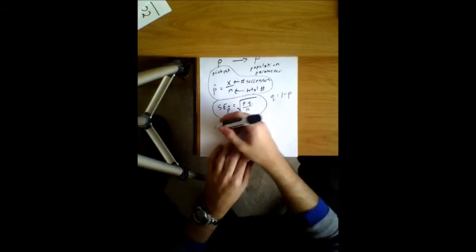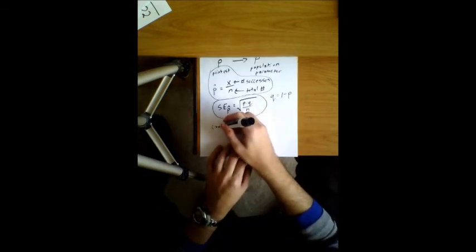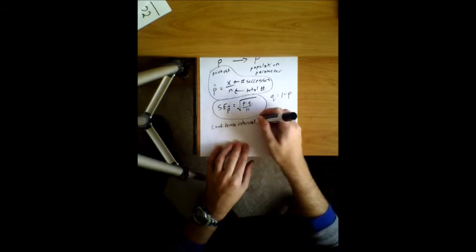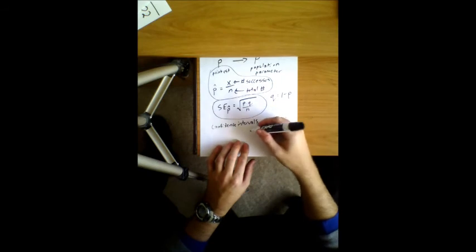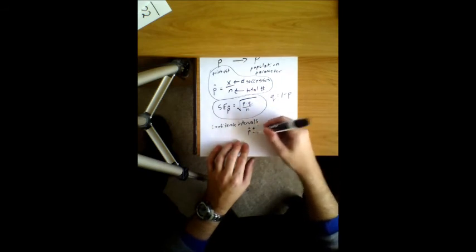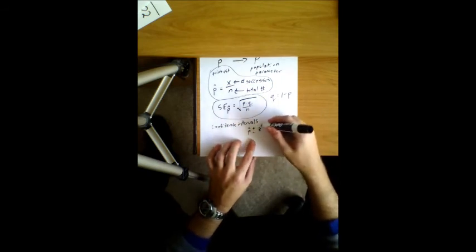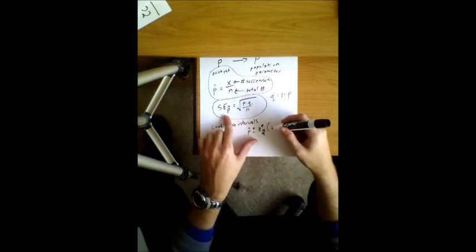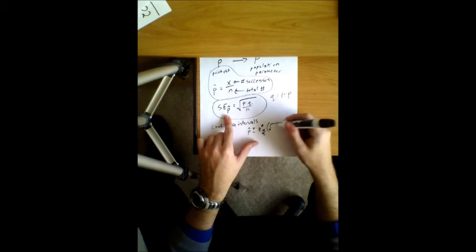So again, your confidence intervals are just your point estimate. So it's just p hat plus or minus z star of alpha over 2 times the standard error of p hat. In this case, it's going to look like the square root of pq divided by n.